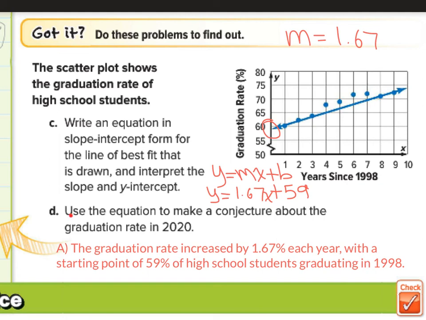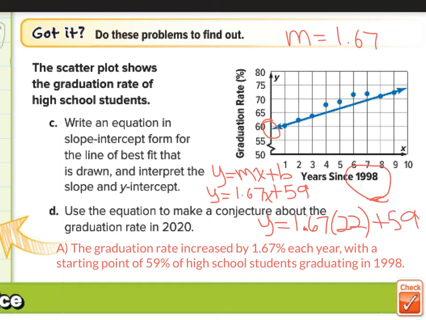Now let's answer D. Use the equation to make a conjecture about the graduation rate in 2020. So if that's the case, 2020 would be 22 years after 1998. So my equation would look like this. y is equal to 1.67 times 22, because it's 22 years later, plus 59.